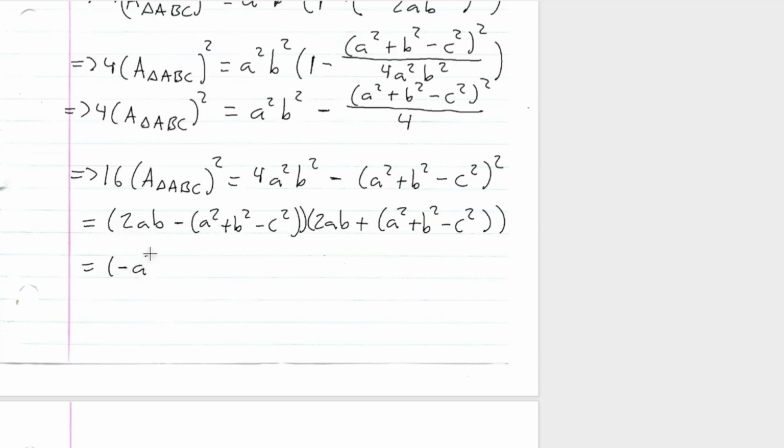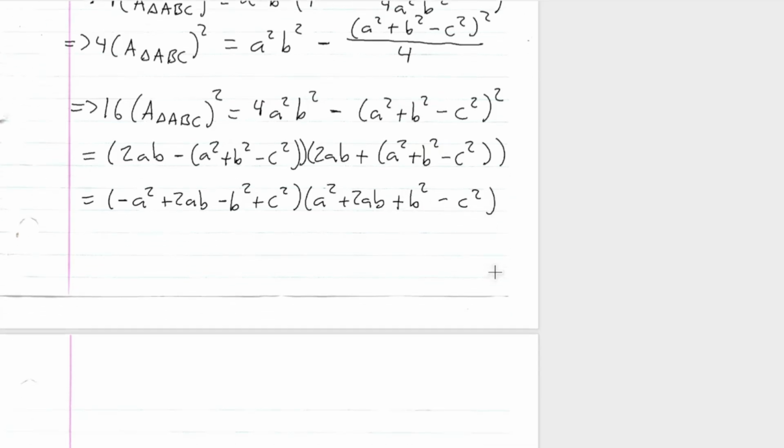So negative a squared and then plus 2ab, right? And then distribute the negative to b squared, so that'll be minus b squared, and then distribute that negative, so that'll be plus c squared. And then this will be a squared plus 2ab plus b squared minus c squared.